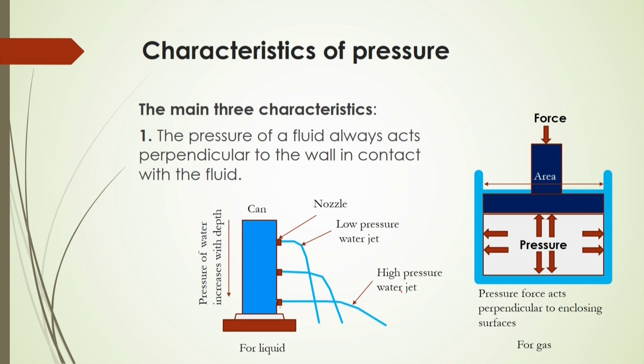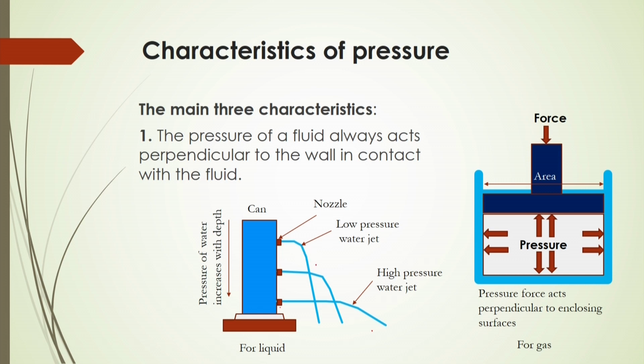So, you can get a high pressure water jet from the bottom, whereas in the middle section there will be a relatively low pressure water jet, and at the top there will be very little pressure.